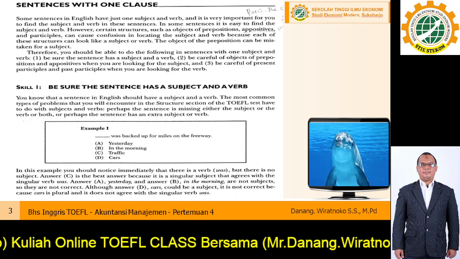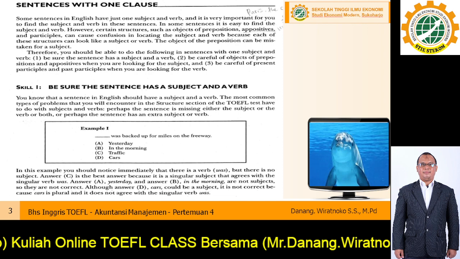So therefore, you should be able to do the following in the sentence with one subject and one verb. Okay, for skill number 1, be sure the sentence has a subject and a verb. Okay, that's number one element. Yeah, be sure the sentence has a subject and a verb.